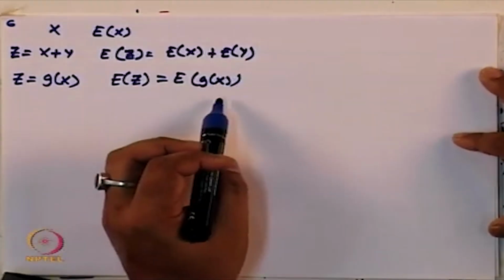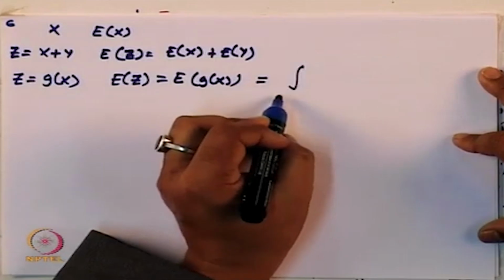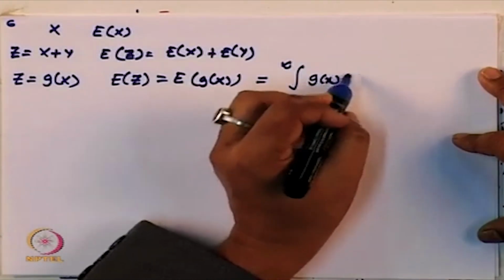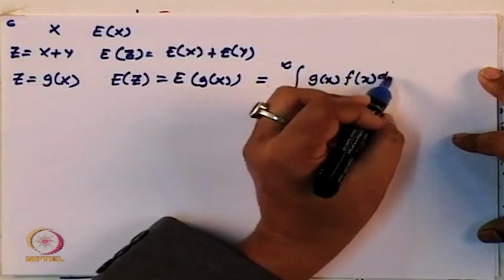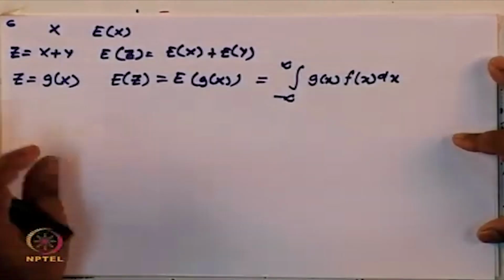And expectation of g of X turns out to be the integration over minus infinity to infinity of g of X into whatever the probability distribution you had, g of X into f of X into dX.